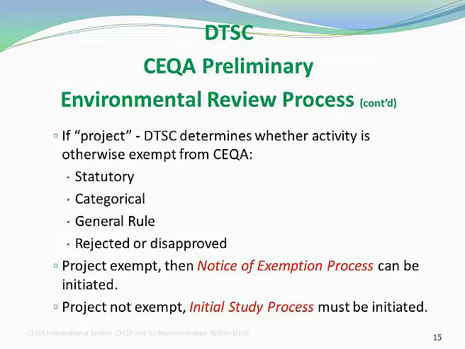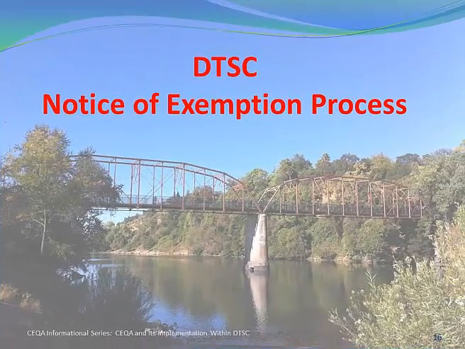If the project is exempt, then DTSC can initiate the notice of exemption process that I'll describe in a little more detail shortly. If the project is not exempt, then DTSC is required to conduct an initial study. And I'll also tell you about the initial study process a little later.